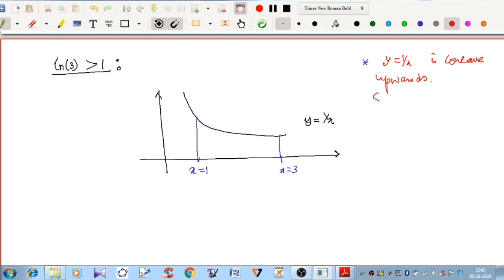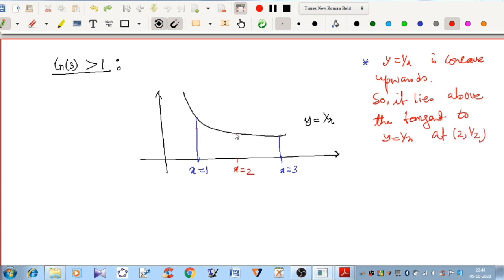So it lies above the tangent to the curve at the point (2, 1/2). So if we draw the tangent at this point, then the curve y equal to 1 by x always lies above the tangent because the curve is concave upwards.